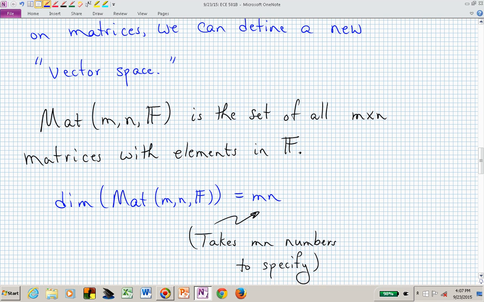That set of matrices with matrix addition and scalar matrix multiplication forms a vector space.